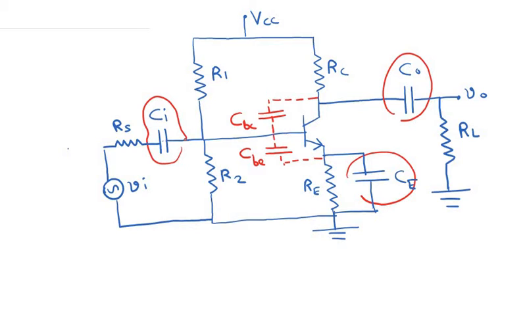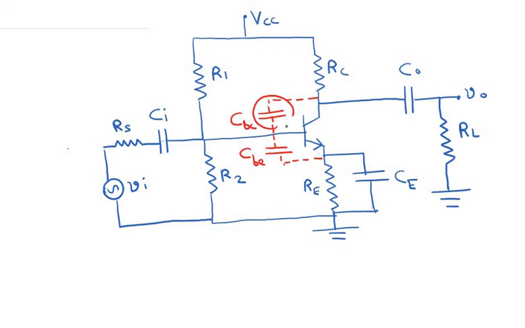On the other hand, CBC and CBE are not connected externally. These two capacitances are internal capacitances of the transistor due to the two PN junctions of the transistor.